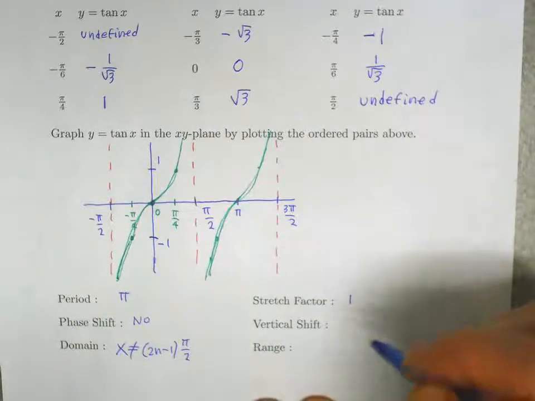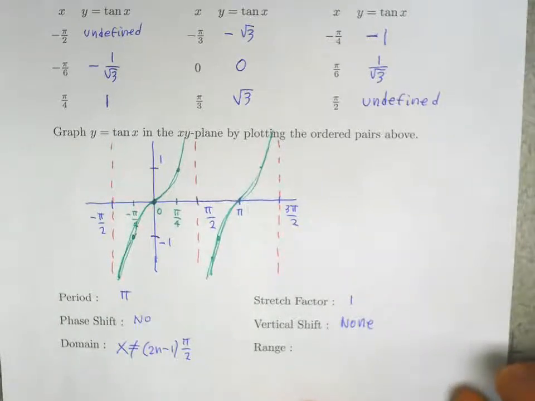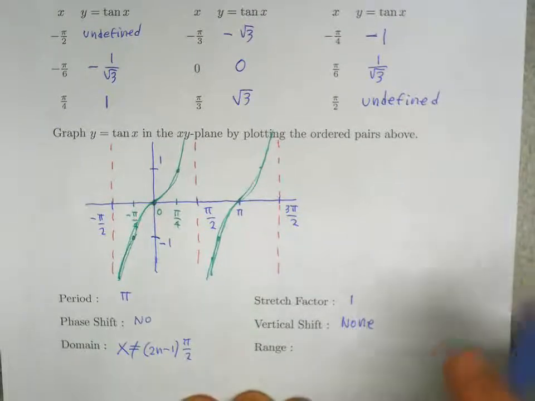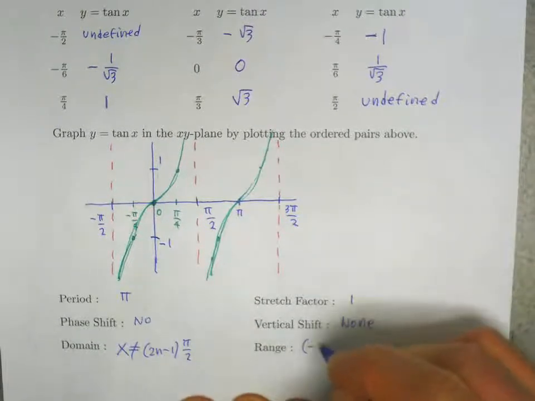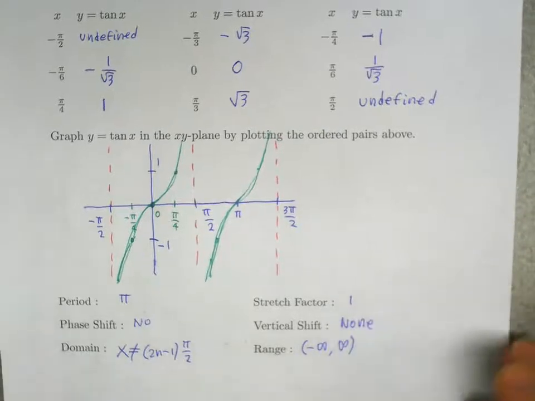For this graph, we don't have a vertical shift. The range of y equals tangent of x is all real numbers, -∞ to +∞. Okay, that's the graph of y equals tangent of x.